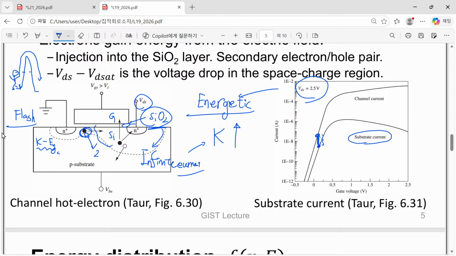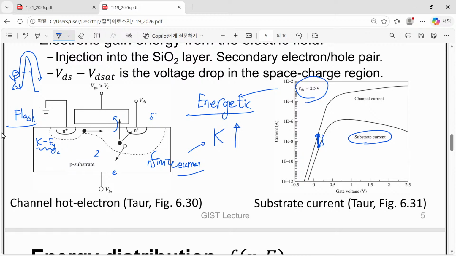Now it becomes 2.5 eV or even 3 electron volts. Its kinetic energy becomes that amount. Then the potential barrier given by silicon dioxide becomes just accessible, and some of our hot electrons can move into this conductive layer.